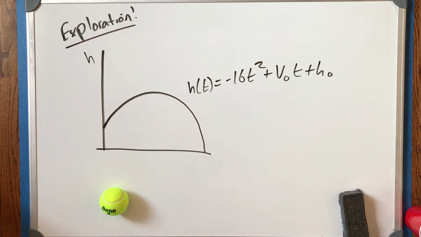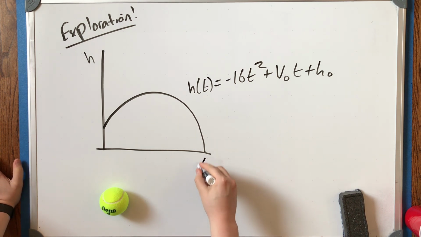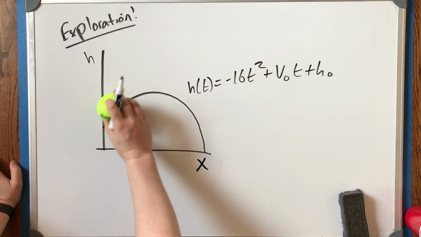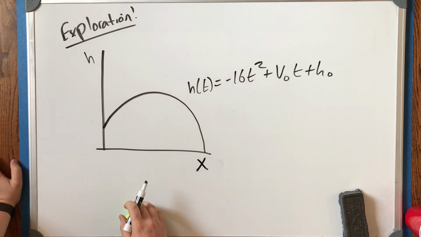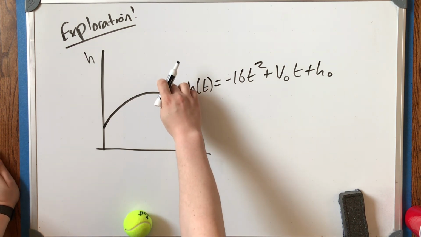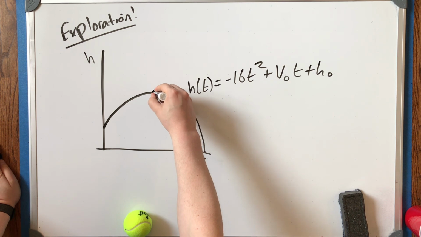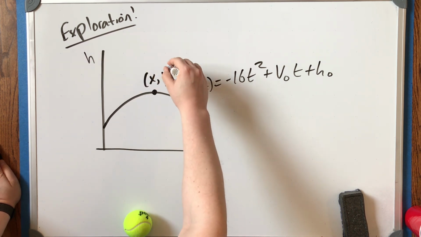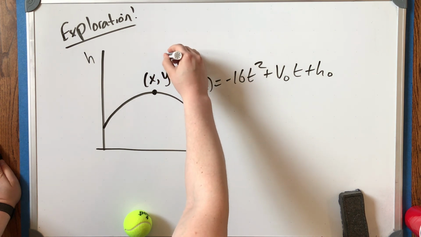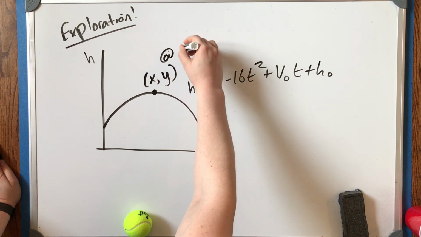So we would need to change this to be x, so that when I throw this, I now also can see the horizontal distance that it's traveled. So that means that at any given point, there's both an x and a y, or height value, at some given time.